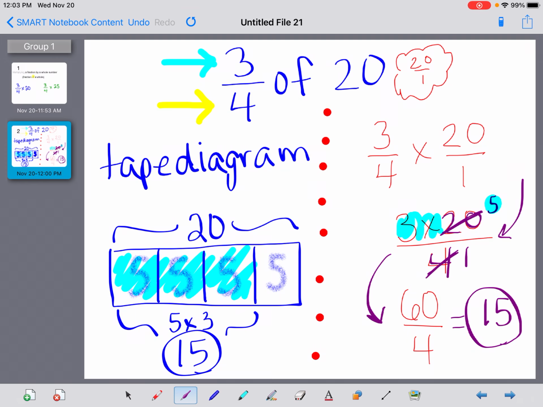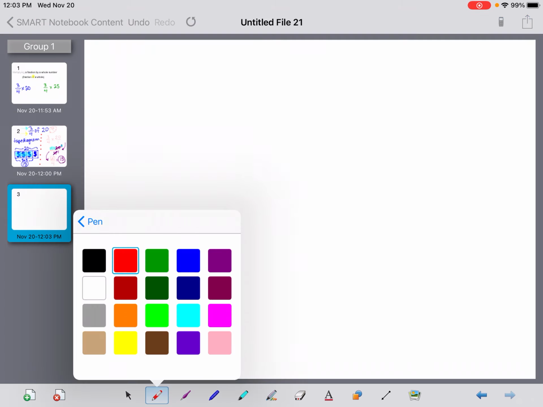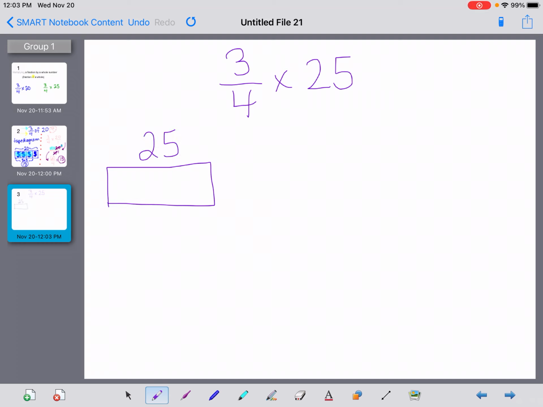Okay, so while we're looking at that, we know that sometimes we have problems where it doesn't work out as evenly. Maybe I had 25 Rice Krispie treats, and I wanted to eat 3/4 of them for breakfast. Again, I could start with my tape diagram and say 25 and split that into 4 groups.